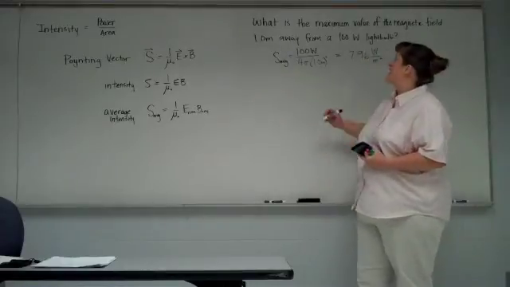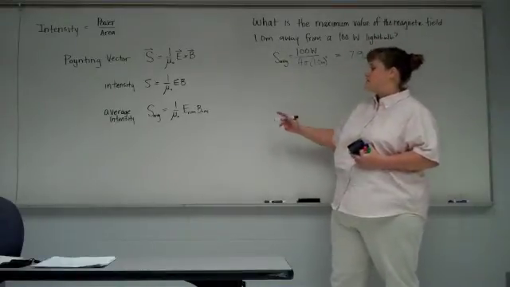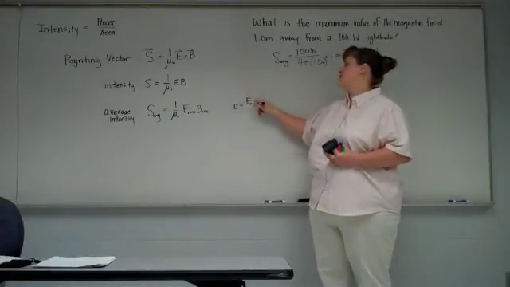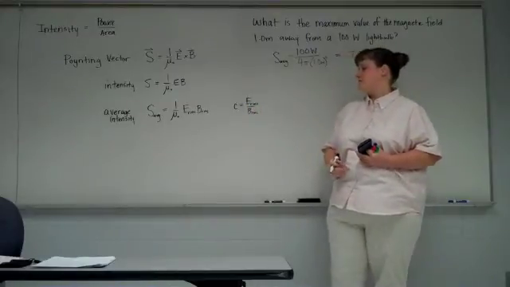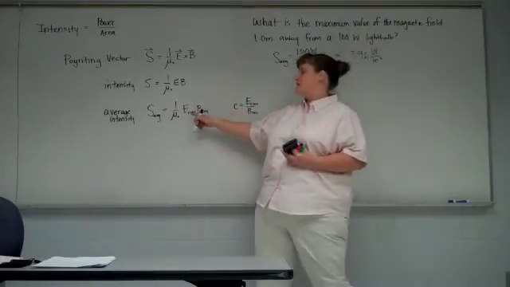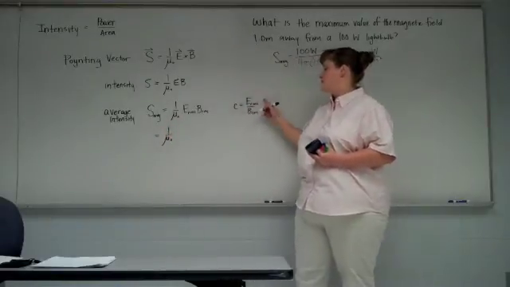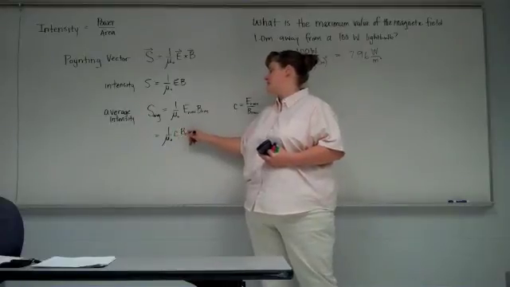Let's manipulate our equation. We want the maximum value of the magnetic field. Well, we know c is equal to E RMS over B RMS. So in place of E, let's put c times B. So c times B RMS.